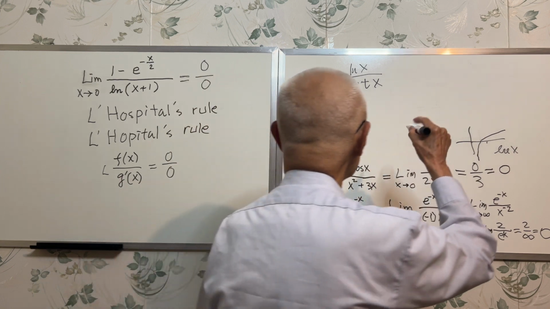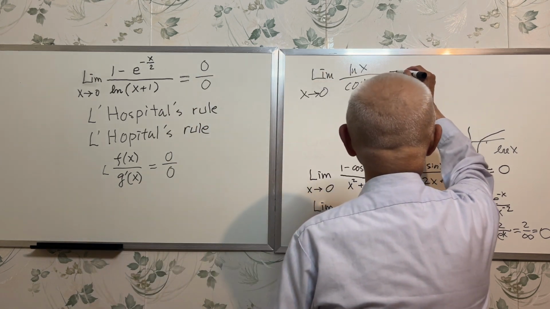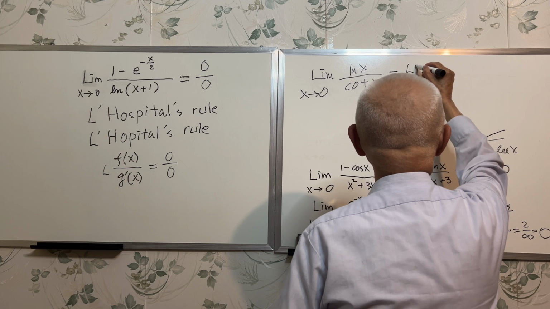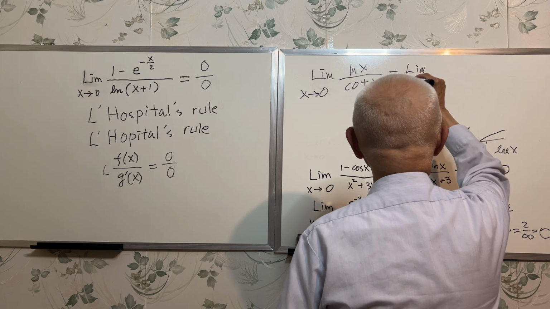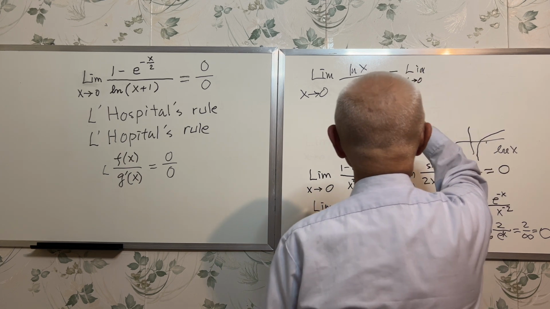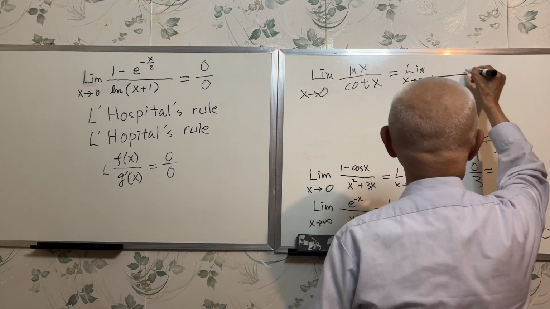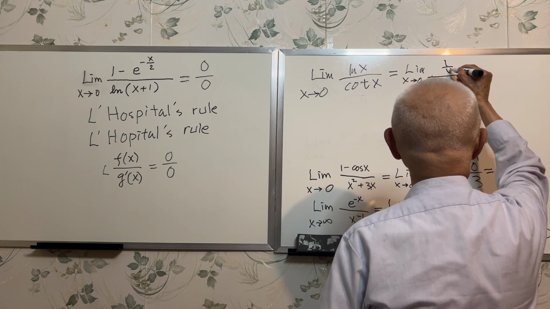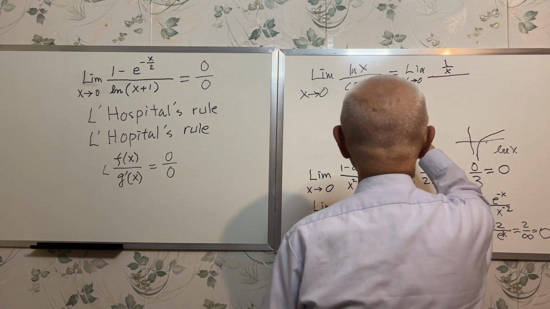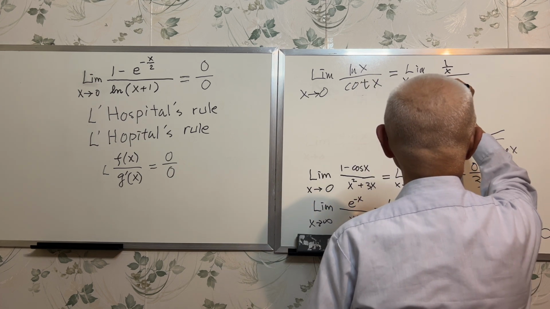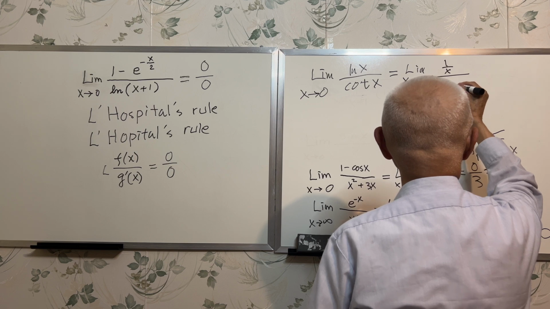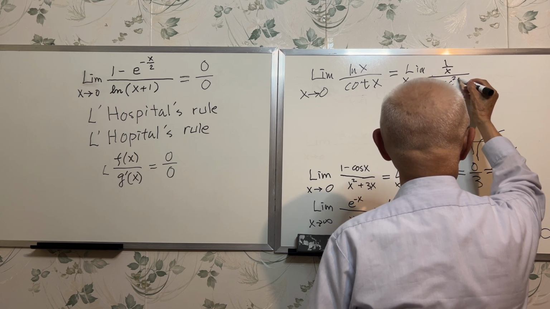So let's do the derivative. The derivative of ln x is 1 over x. The derivative of cotangent x is negative cosecant squared x.